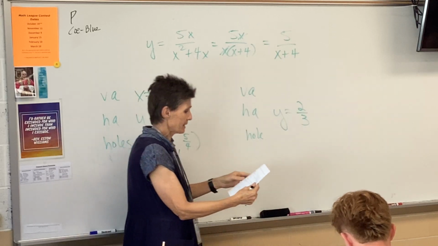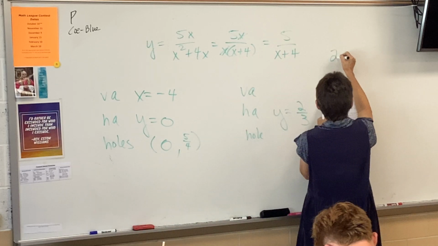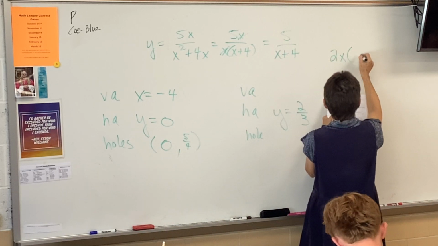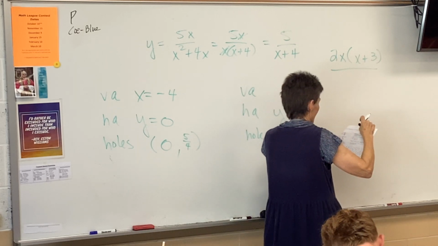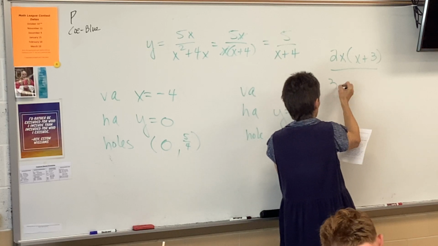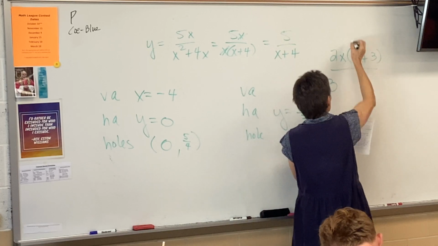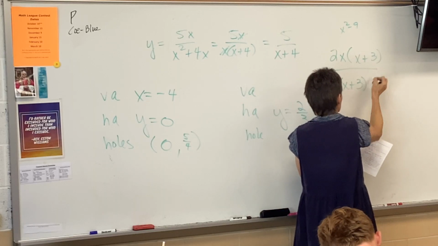Now it looks like I can do some factoring there. If I take out a 2x, I'll be left with x plus 3. On the bottom, take out a 3, then I'll be left with x squared minus 9, which is x plus 3, x minus 3.